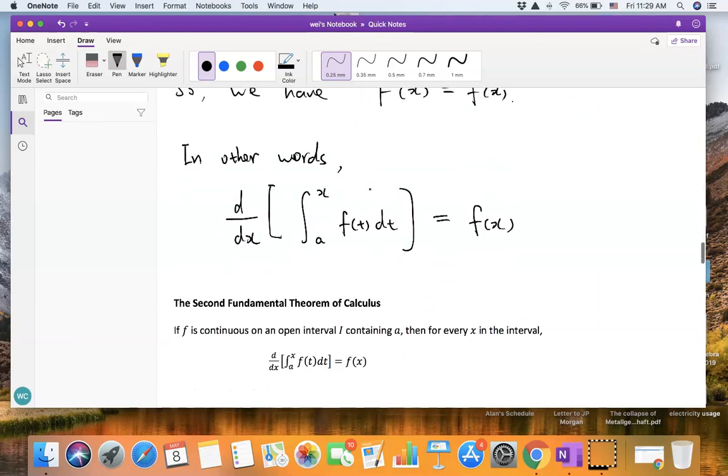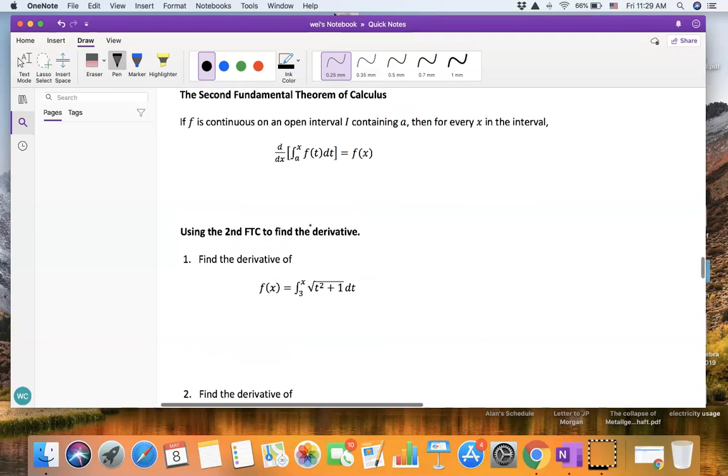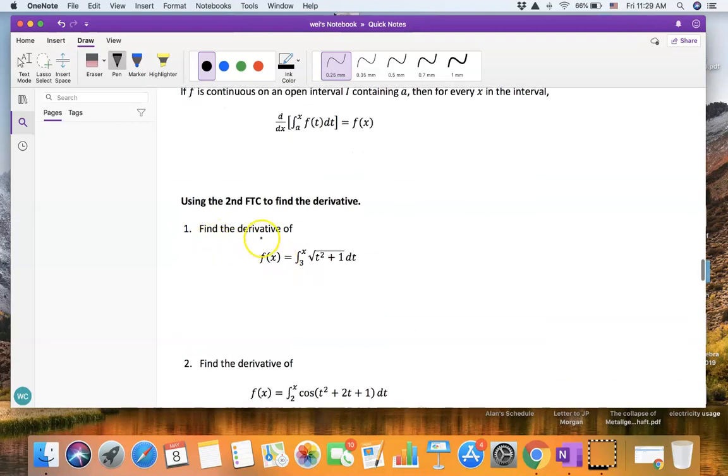All right. So let's use this result to try these examples. Okay, we want to find the derivative of the function F(x), where F(x) is defined by this integral. Now this F(x) is our accumulation function, right? So we want to know what is the derivative of this. Now this function, the square root of t squared plus 1, is like the f(t) in the formula.